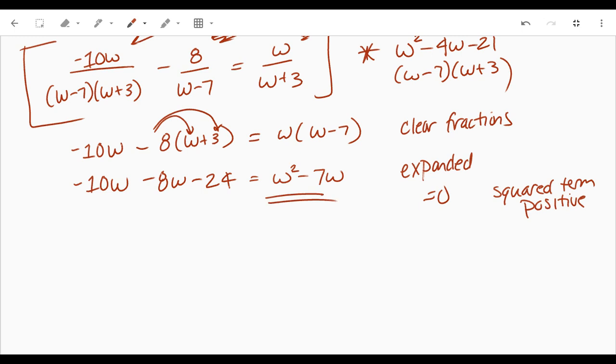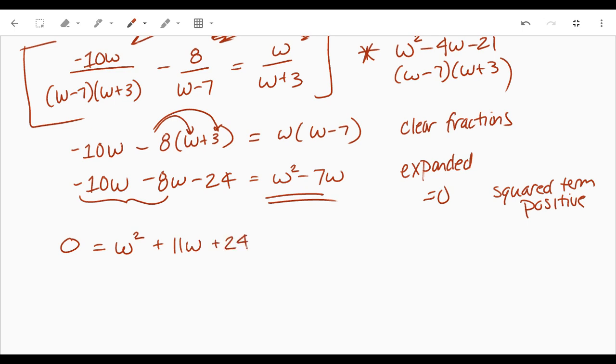Okay, so 0 will equal w squared. We're going to add 18w. Okay, so that's going to be plus 11w plus 24.